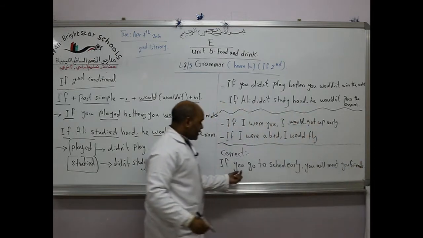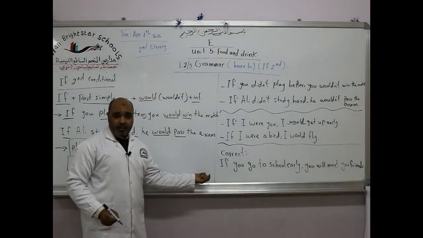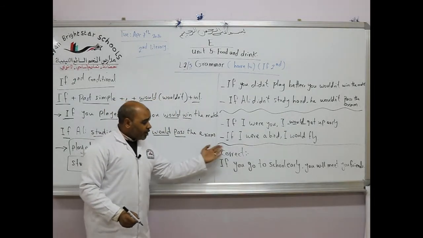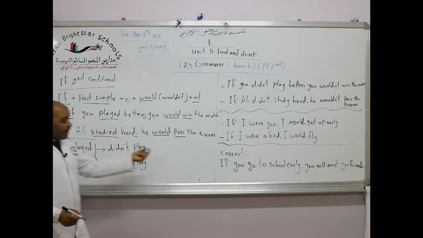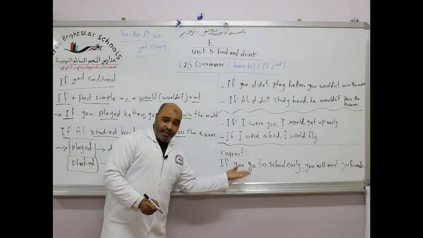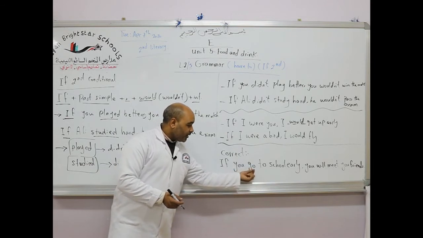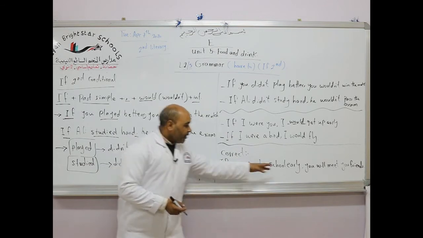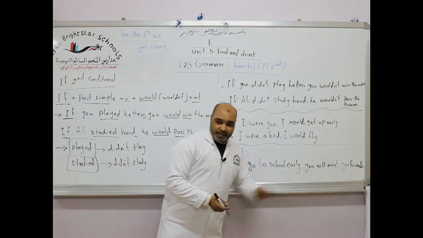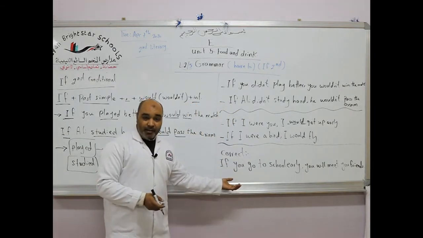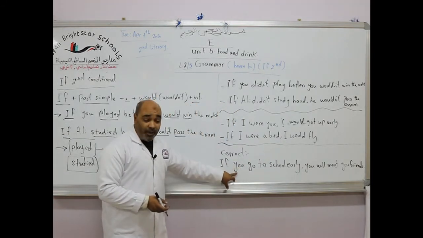In this sentence we have a mistake. If you understand the second rule, you can find the mistake in this sentence. If you go to school early, you will meet your friends. Is this the second one? Oh no, it's the first one.